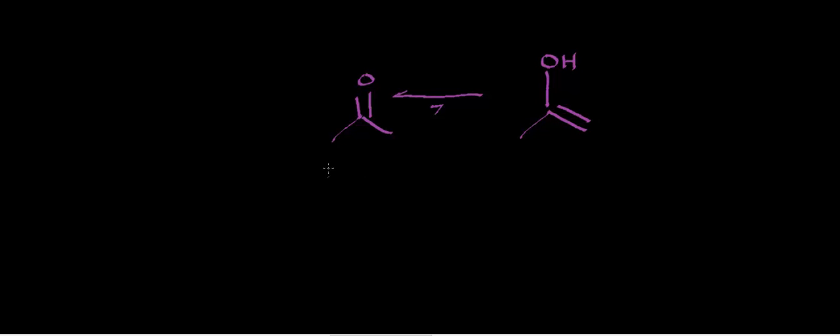So this would be the ketone version, or the carbonyl version. It doesn't always have to be a ketone, but it's going to be a carbonyl. And then this is your enol version, right? In reality, it's probably only about 0.01% of the actual species that's going to exist as an enol, but it does exist like that to a small amount, and it's in equilibrium between the ketone and the enol.